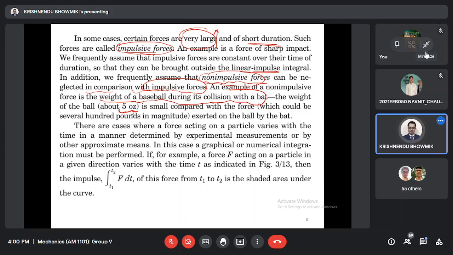impact on the ball by the bat, say a racket and tennis ball when we are talking about. Now what we understood is that initial momentum plus the impulse gives the final value of the momentum.